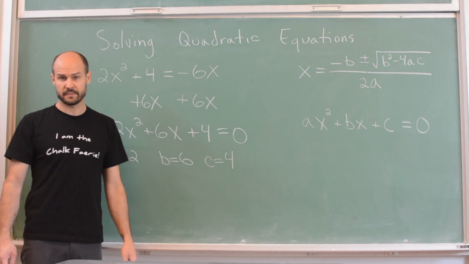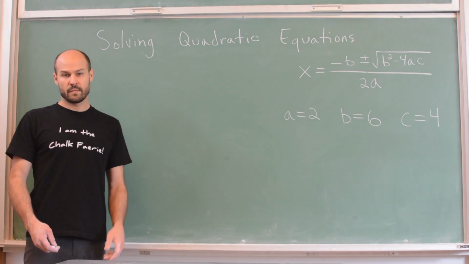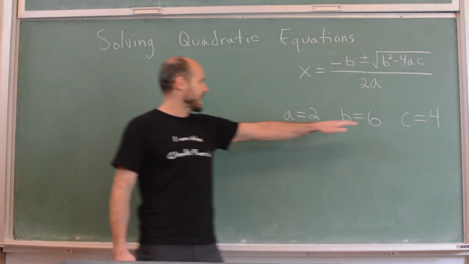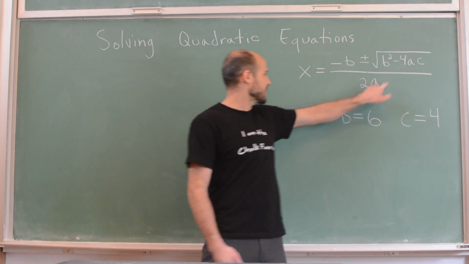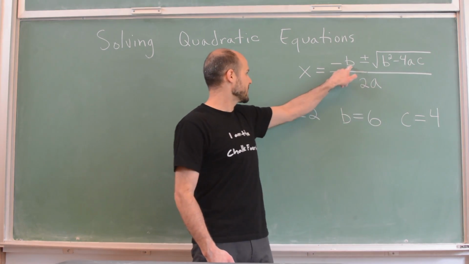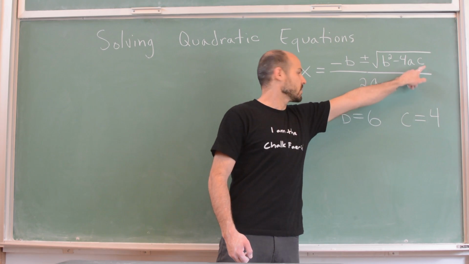Let's look at that. We have our values for a, b, and c from our example. We're going to plug in 2 wherever there's an a, 6 wherever there's a b, and 4 where there's a c.